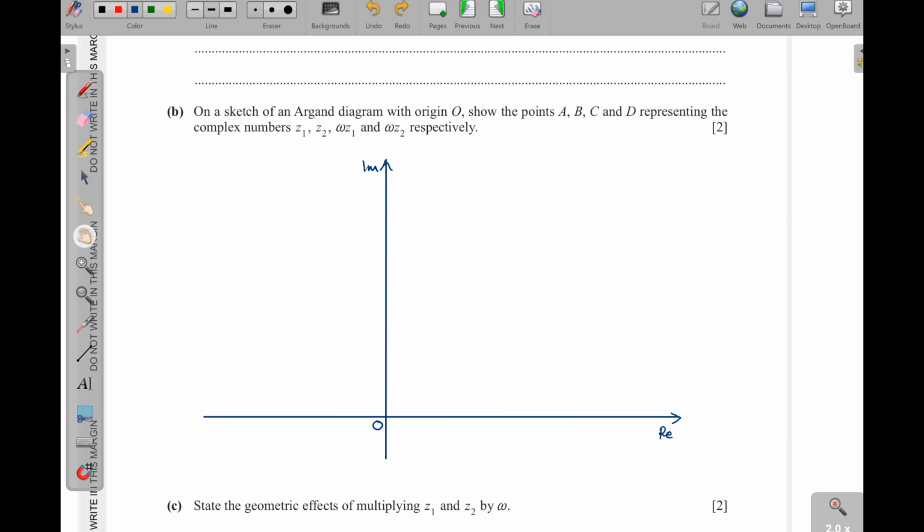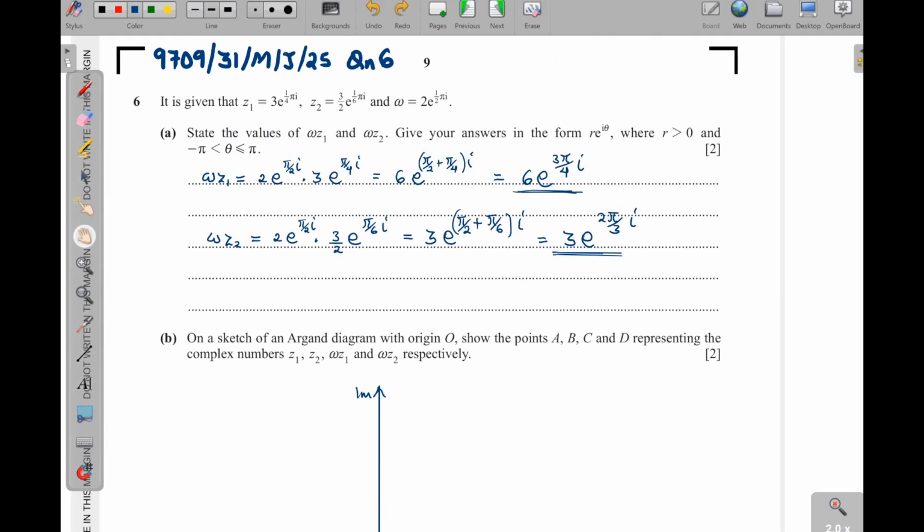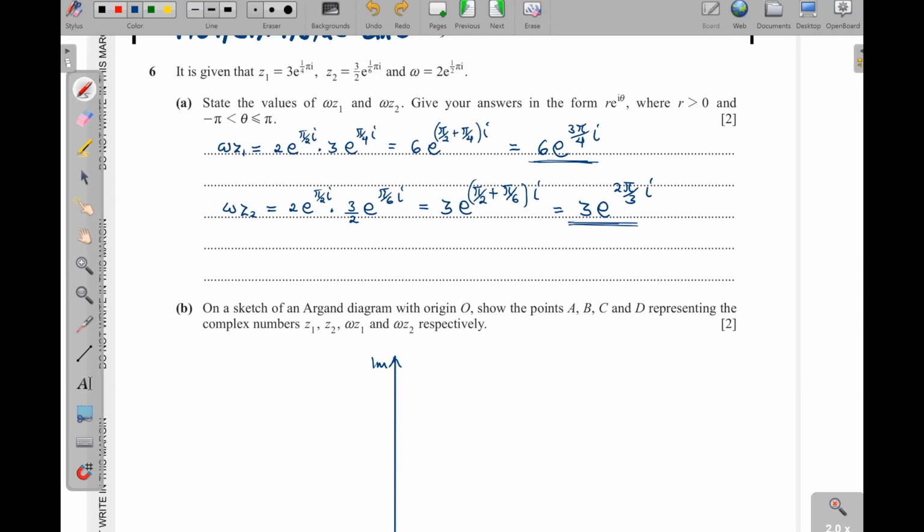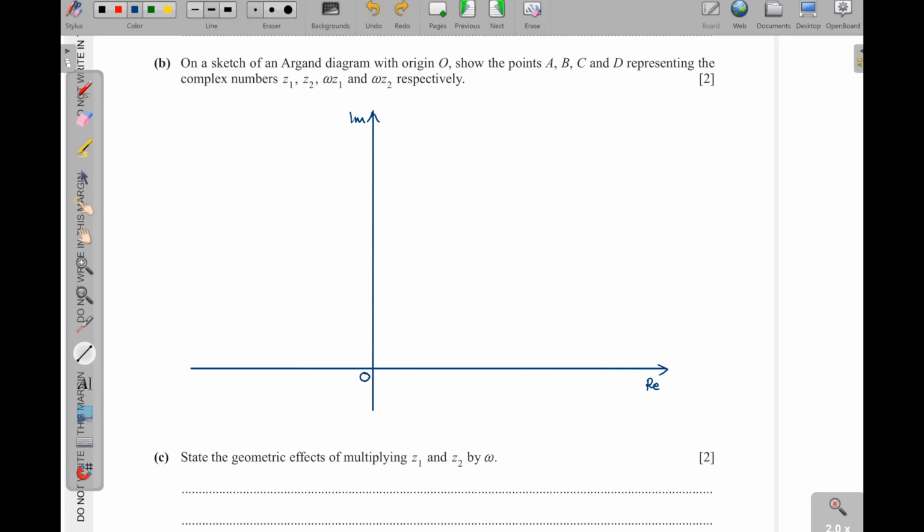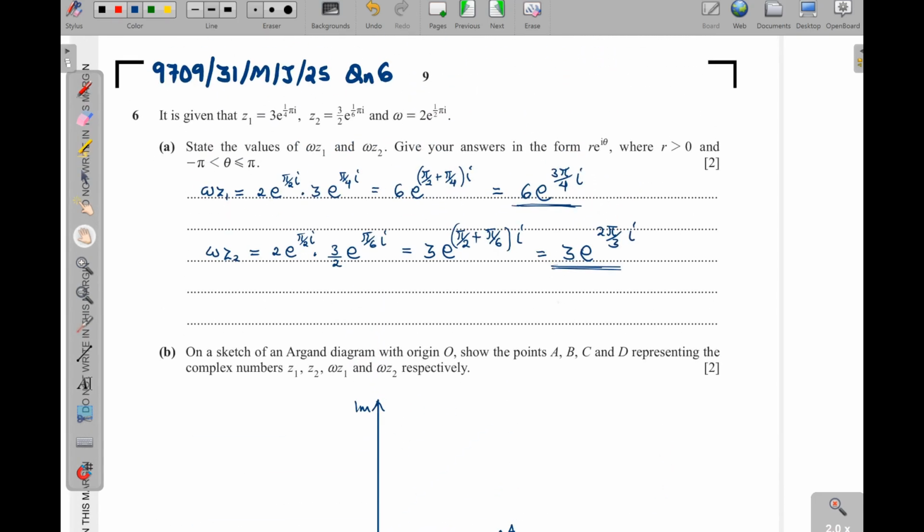Z1, I'll represent it with an A. So when you look at Z1, this is pi over 4. So pi over 4 can be like in the middle here, 45 degrees. You see that? 45 degrees. So let's select this one to be there, 45 maybe there, and I'll let this one be point A. Then I go to point B for Z2.